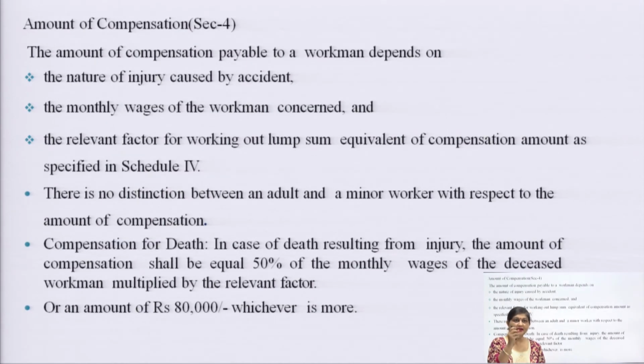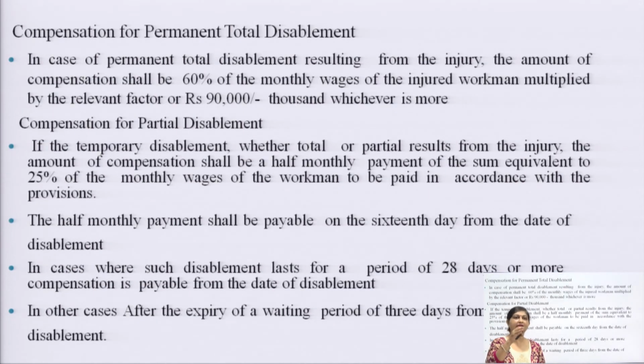And in the same way, we have calculated in the last slide. In case of death, we took 50% of the monthly wages of the worker, and in case of total permanent disablement, we will take 60% of the total monthly wage of the workman, and then we will multiply it with the relevant factor, and rupees 90,000, which is fixed by the act, whichever is more will be paid to the workman, because now he is permanently disabled to work.